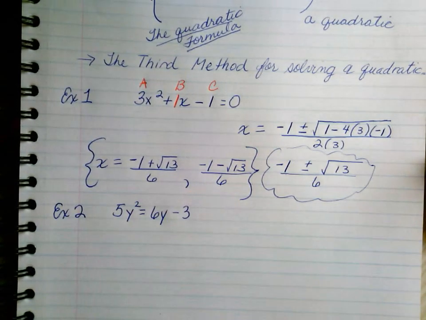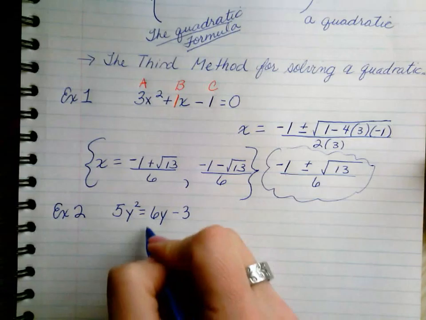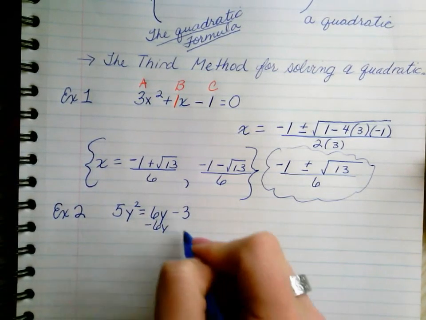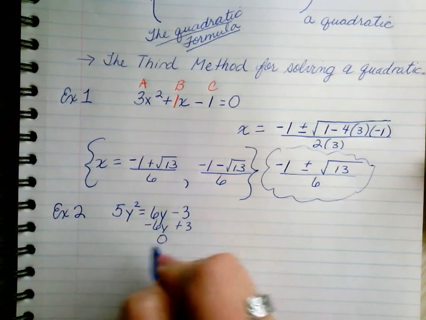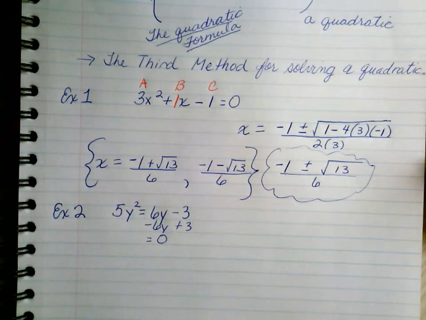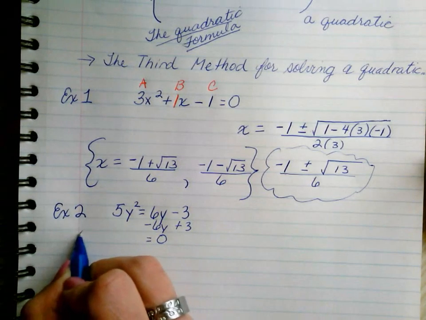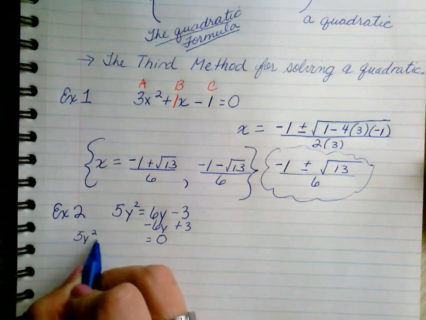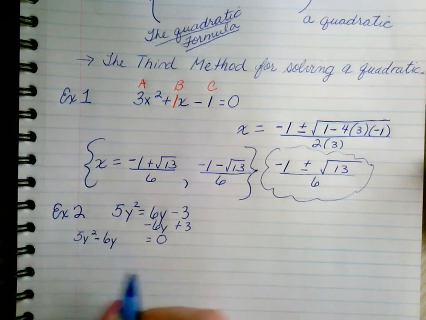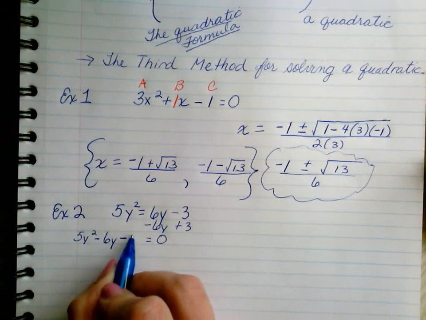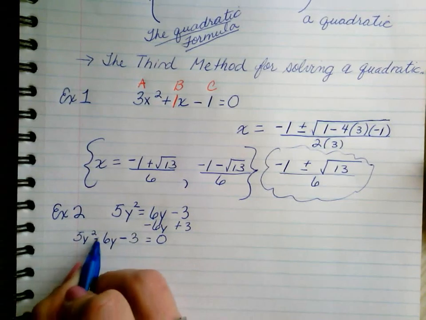In order to zero it out, I'm going to subtract 6y and add 3. So on the left, I have a 0, and on the right, I now have a nice pretty quadratic ready to be plugged into the formula.